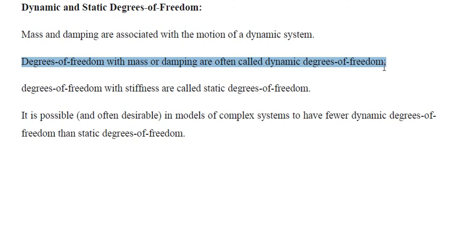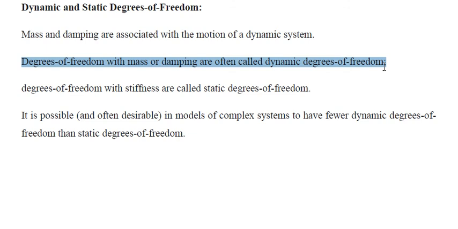In static analysis, degrees of freedom is the number of independent coordinates required to specify the position of a system, whereas in dynamic analysis, degree of freedom is the number of independent coordinates required to specify the motion of a system. That is why it is called dynamic degrees of freedom.